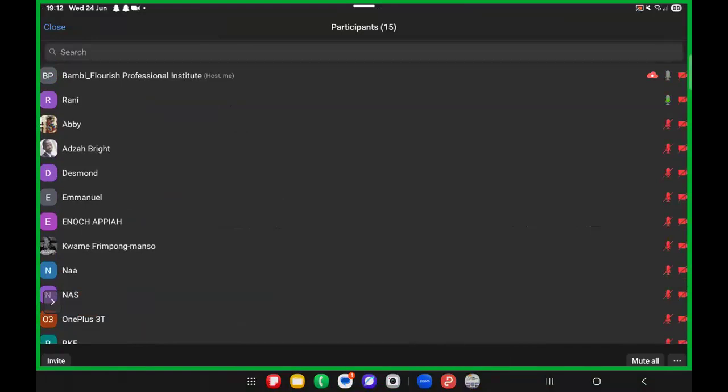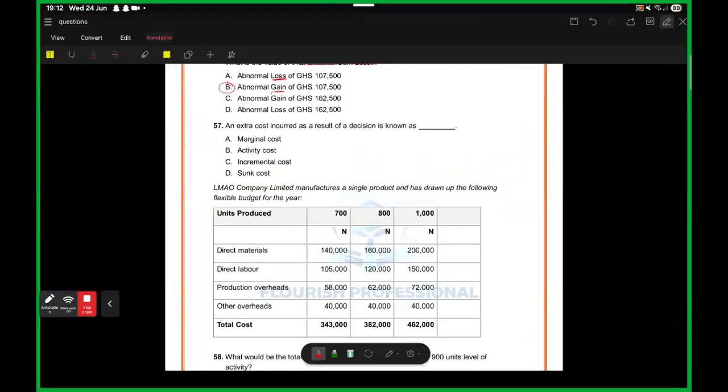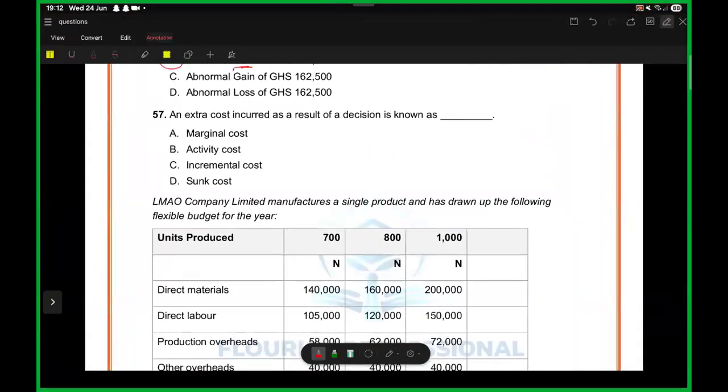Okay, so someone should read question number 57. An extra cost incurred as a result of a decision is known as. So what's the answer? Is it marginal cost, activity cost, incremental cost, or sunk cost? Okay.